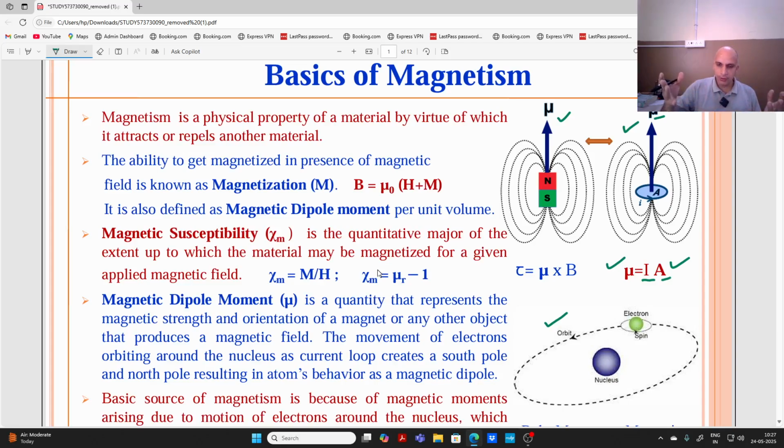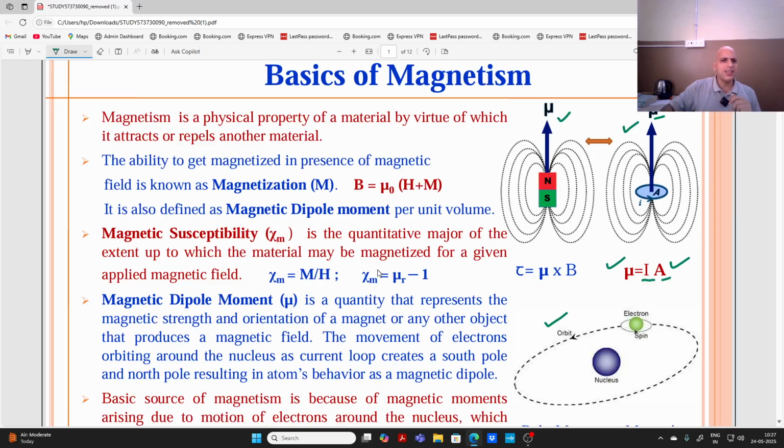So different orientations of the magnetic dipole moment are possible, right? I mean, they can be aligned in the same direction, they can be aligned in the opposite direction, they can be randomly oriented. So according to that, we will get the net magnetic dipole moment of the material, right? But we have to start from the magnetic dipole moment of the single atom, right?